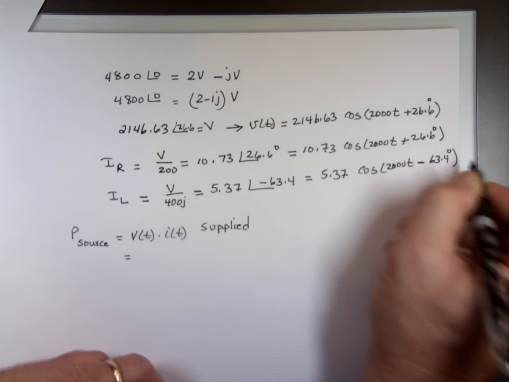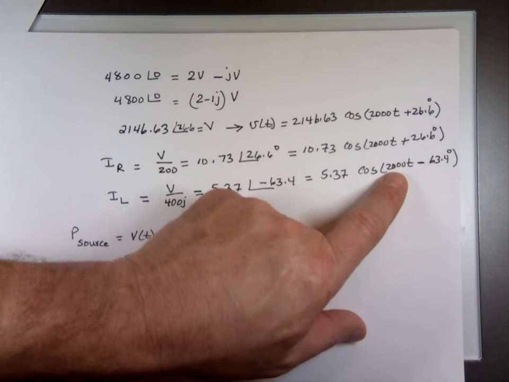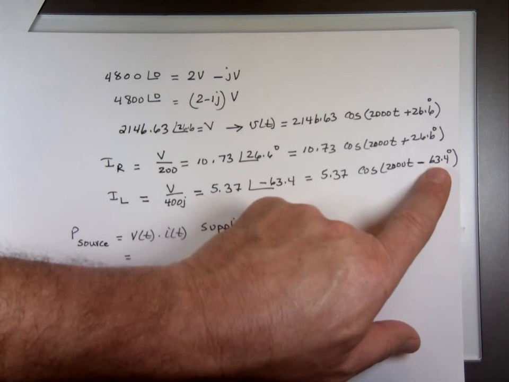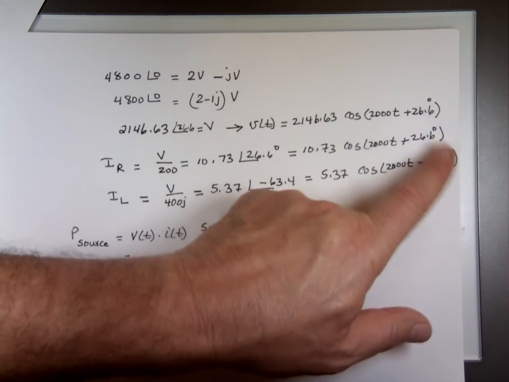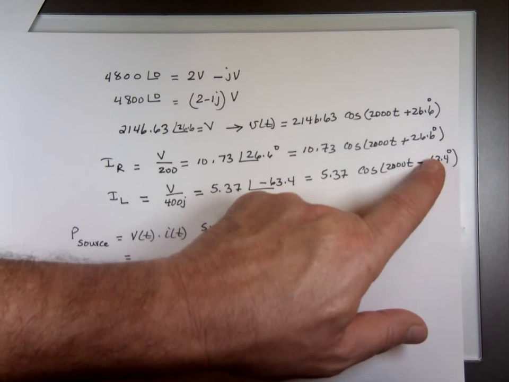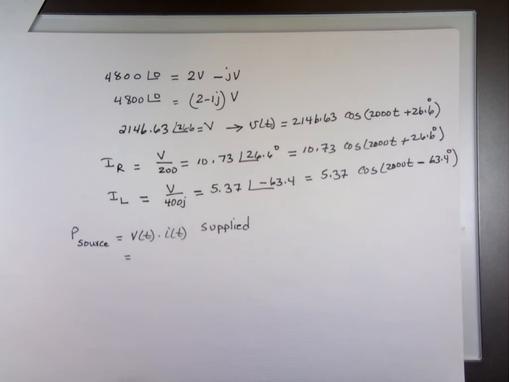Here's the little problem you're going to be facing. This one is in radians, that one in degrees. So we need to convert all these degrees to radians. To convert them to radians, you multiply by pi over 180, right?